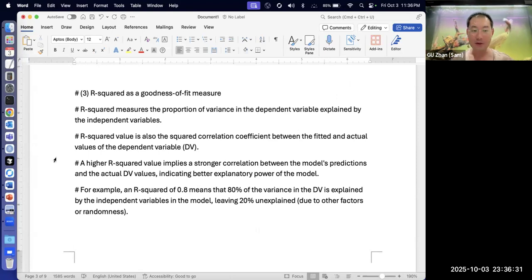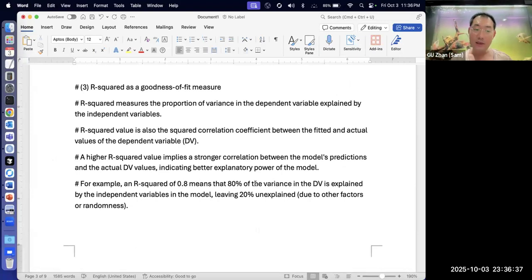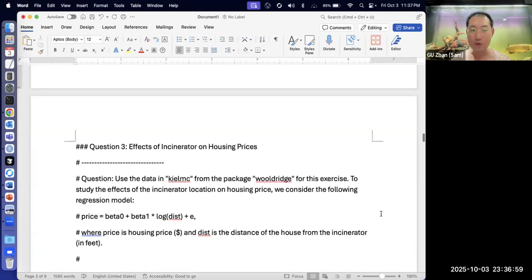For example, 0.8 means 80% of the variance in the dependent variable can be explained by the combination of independent variables in the model, leaving 20% unexplained. That 20% can be randomness, error, or some other underlying unknown variables which we are not aware of and don't have the data for.